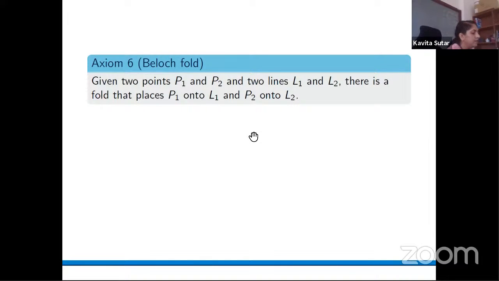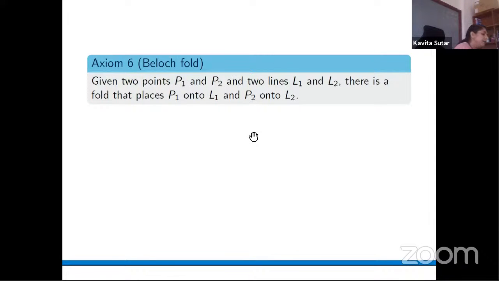Correct? So now what is the significance of this line then? This line is tangent to both the parabola that has focus P1 and directrix L1, as well as focus P2 and directrix L2.